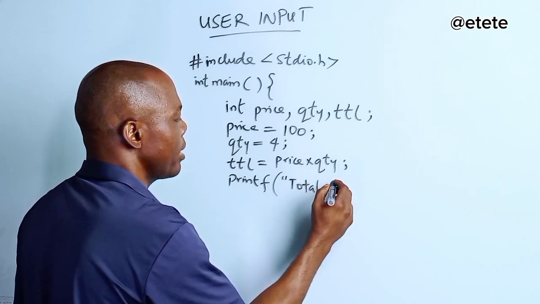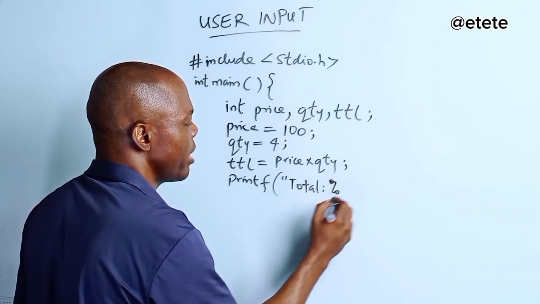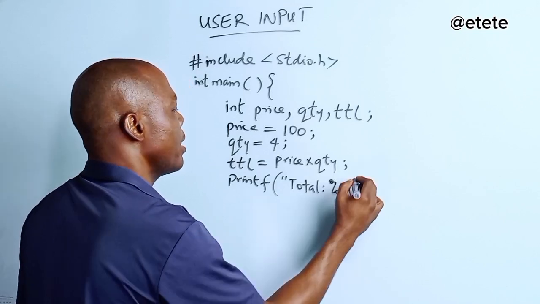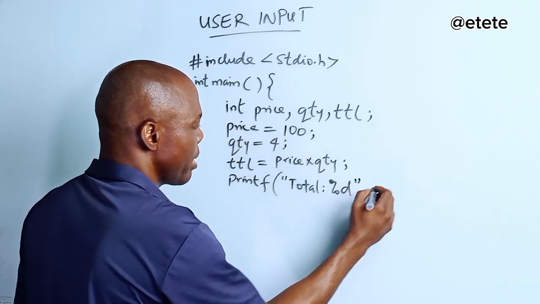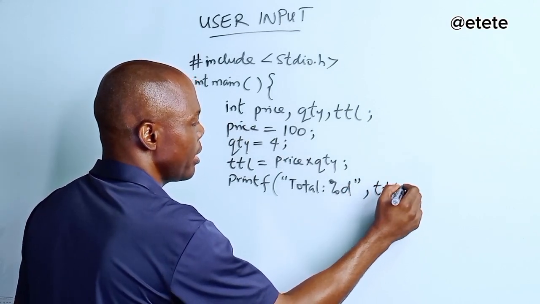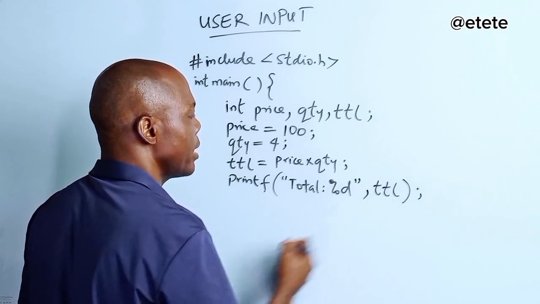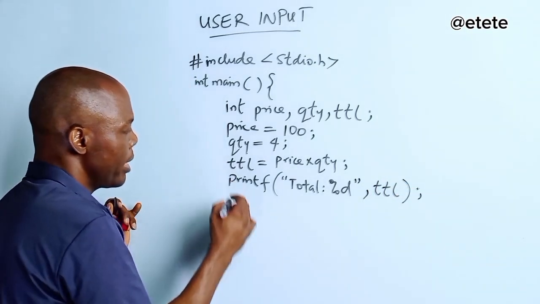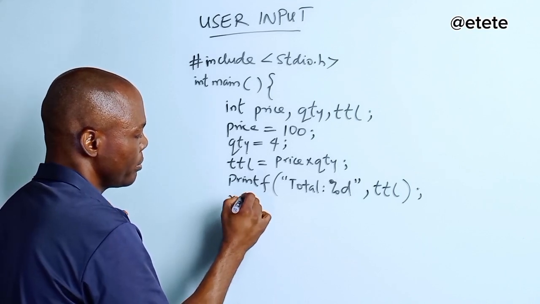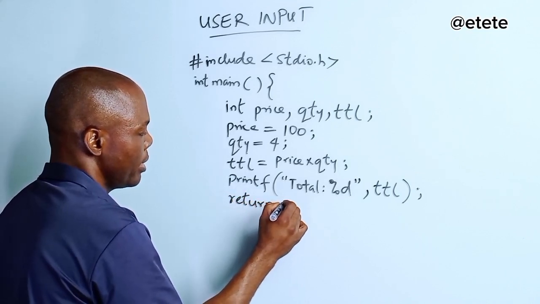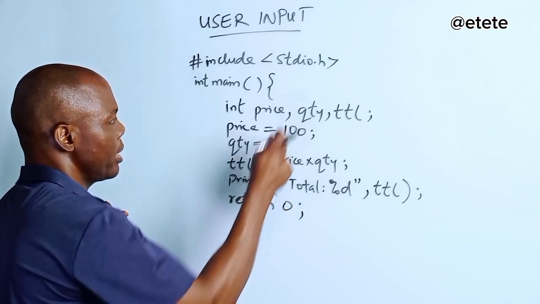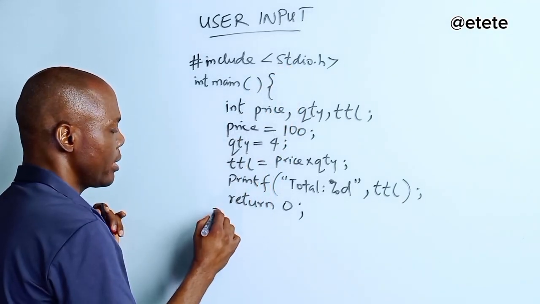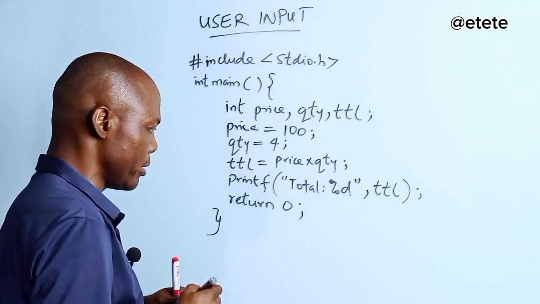So I'll say total, then I'll call my format specifier %d, and then I'll close this here, and then comma, TTL. Then I'll end this here. Then I'll come here and I'll say return 0, and then I'll close this here. Then my curly bracket, I'll come here and I'll end it.